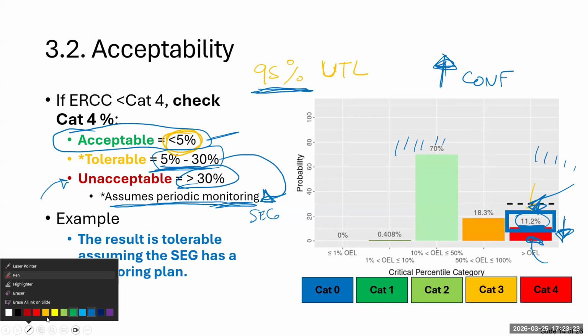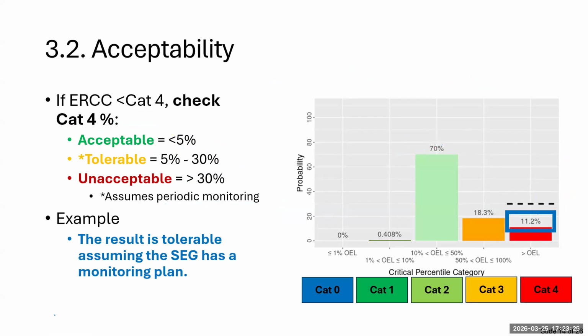There are times, I have seen times, where this percent is, say, 35 or 40, but it's not my tallest column. My tallest column might be this one, and it might be 40%. And then this one here might be 25%.